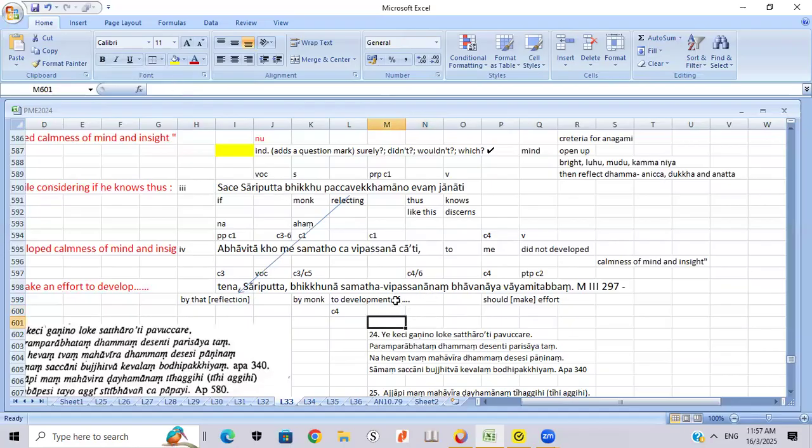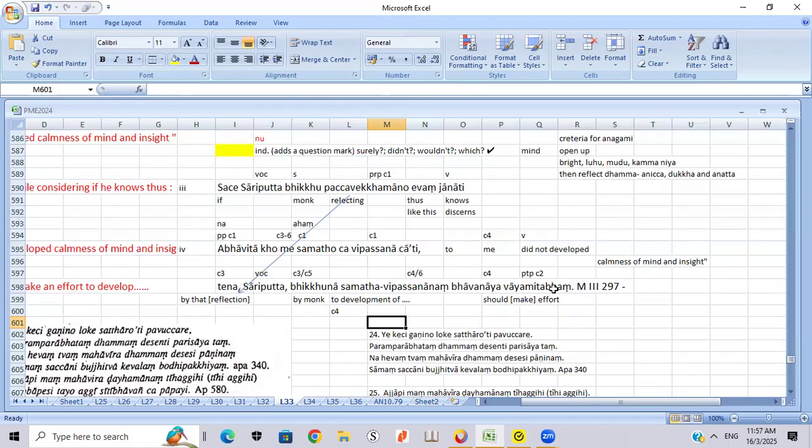This one means of samatha and vipassana. Then here can you see vayama. This is a verb form, a PPP. Should make an effort. So in this particular case, a monk, you can take an object. A monk should make an effort to develop vipassana and samatha.